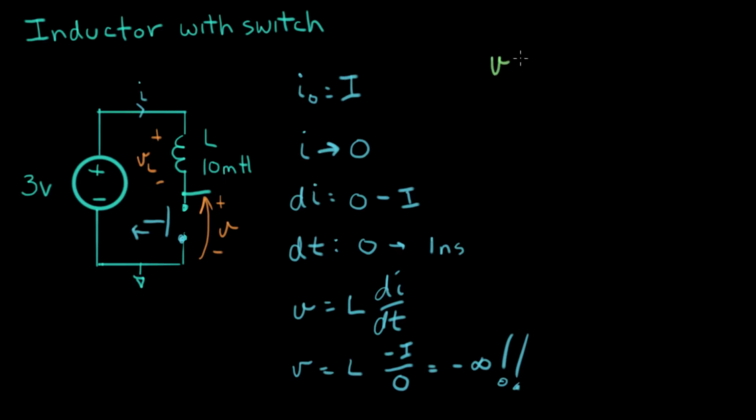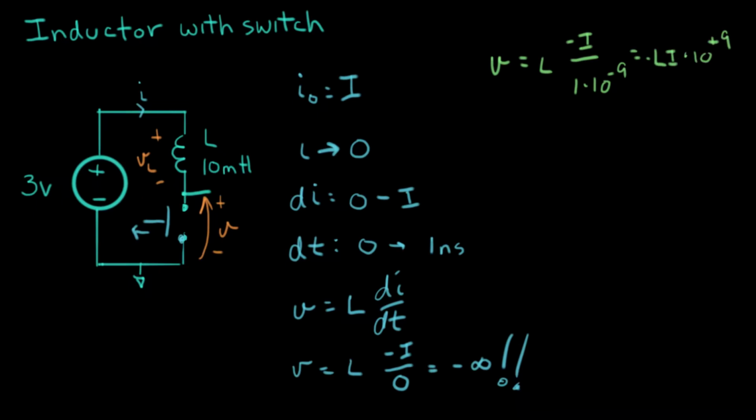Let's go V equals L times dI/dt, and dI we decided was minus I over, it took 1 nanosecond to open the switch. 1 nanosecond is 1 times 10 to the minus 9. Okay, so what does that equal to? That equals negative L times I times 10 to the, holy cow, 10 to the plus 9.